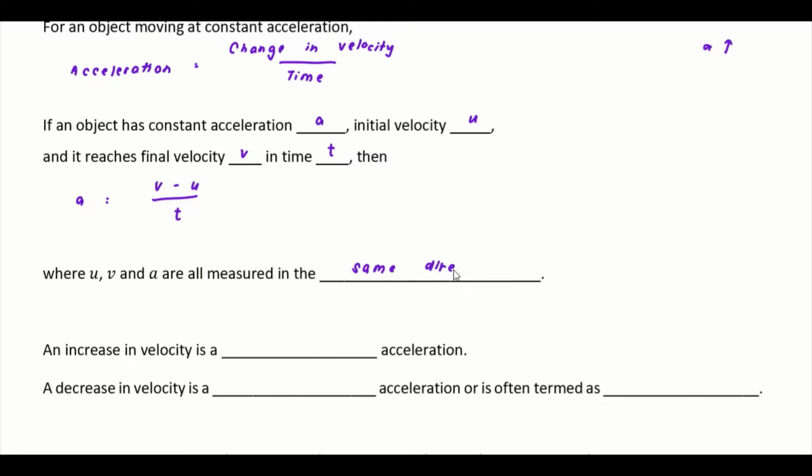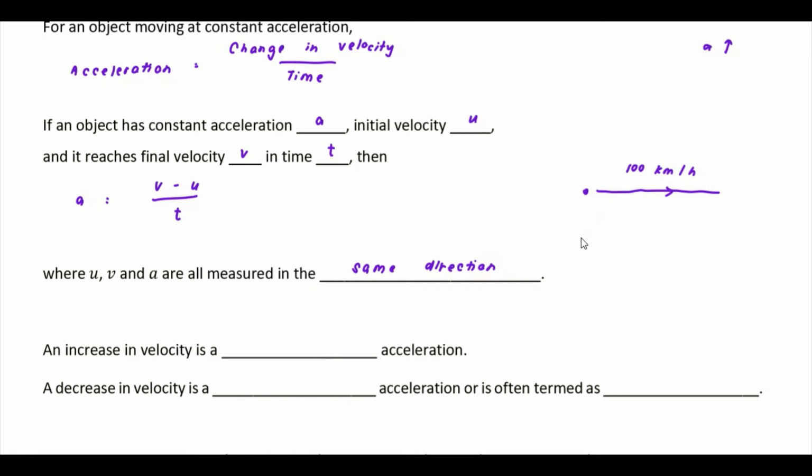I hope that you have no problem with that. You must understand that having a high acceleration doesn't mean having a high velocity. As a simple illustration, let's say this is an aeroplane that keeps moving at a constant velocity of 100 km per hour.